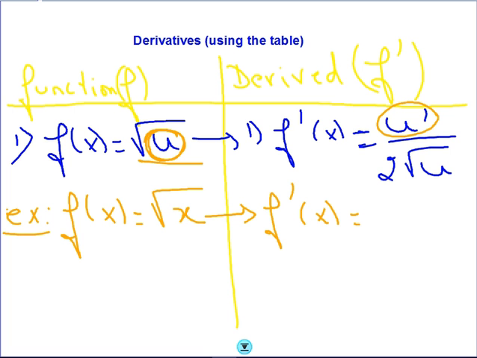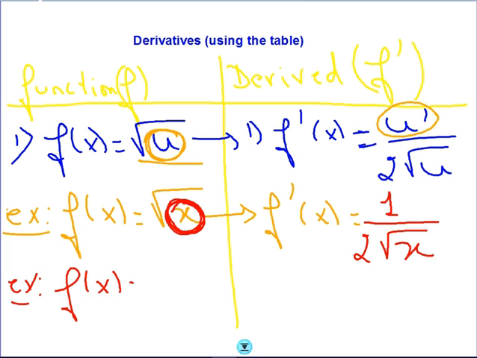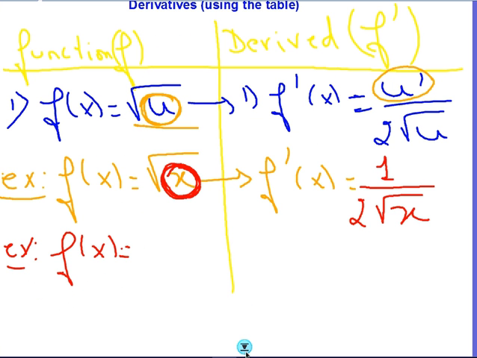So here u is x. So what is the derivative of x? We said the derivative of x is 1 over 2 radical x. Okay, so 2 radical u, so it's radical x. Another example, let's say f of x equals radical 4x to the power 5 plus 6.